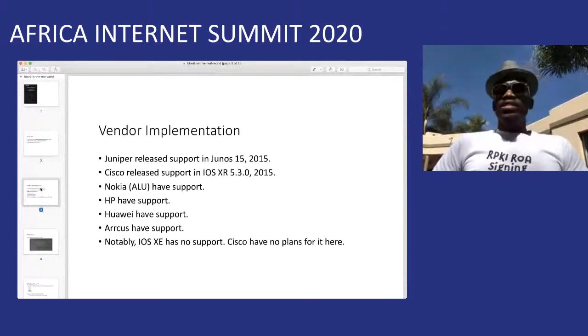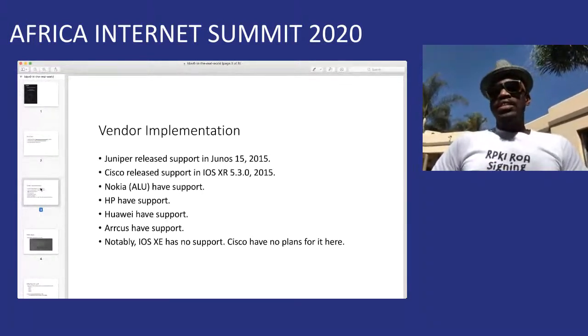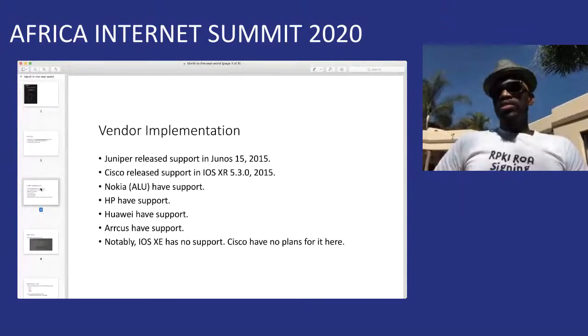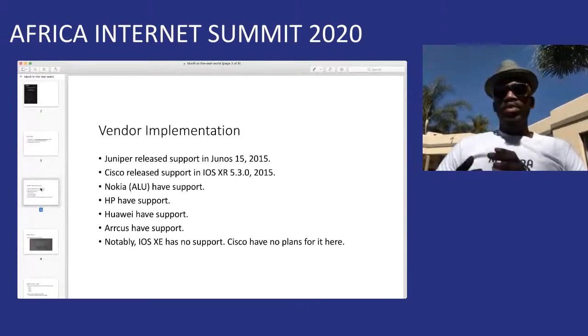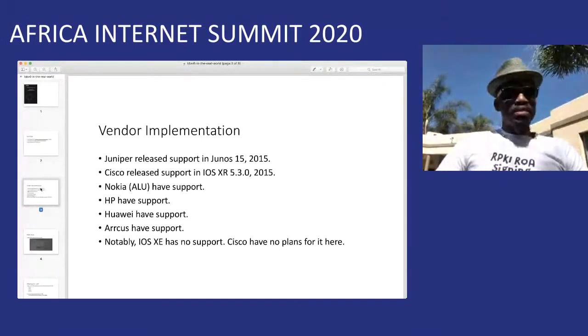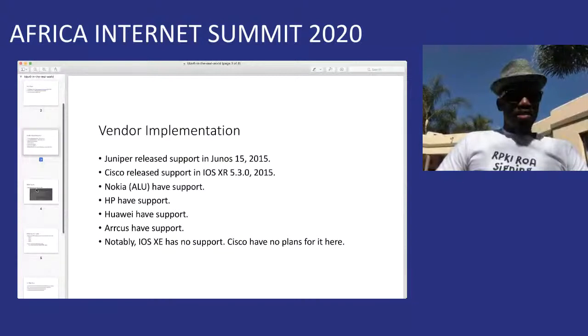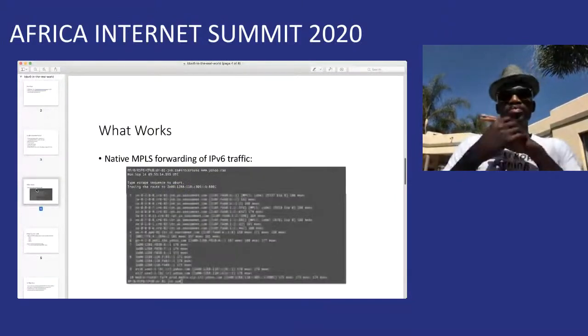One thing to note, though, is that the very popular IOS XE doesn't yet support LDPv6, and in fact, as far as I know, there's no plans for them to support LDPv6. So it's a bit of a shame because that's a bit of a current box, and it's quite widely deployed. So they obviously have other plans, which I think is for a whole other discussion.